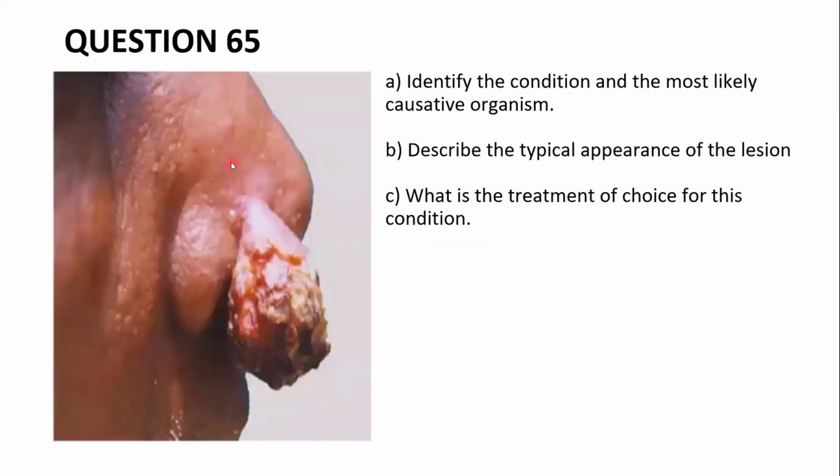This is also another one. I've seen it many times where there's an outgrowth from the nose. It's such an appearance. Then you're asked to identify the condition, the most likely causative organism, the appearance of such a lesion, and the treatment of choice. Rhinosporidiosis, very good. Rhinosporidium seeberi, very good.